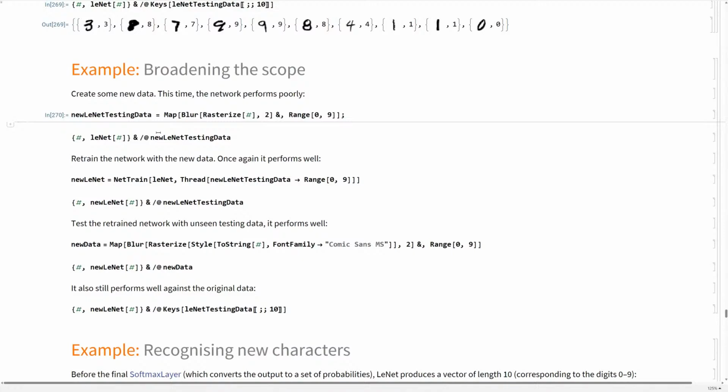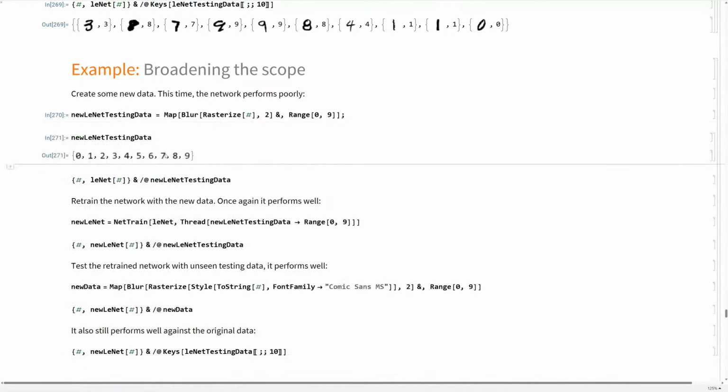So now I'm giving it some blurred data. Let me show that. I just have some typeset letters and numbers, and they're blurred. It's not handwritten anymore.